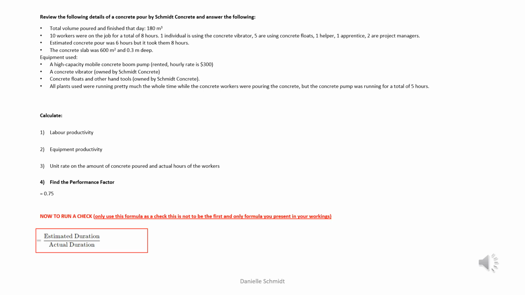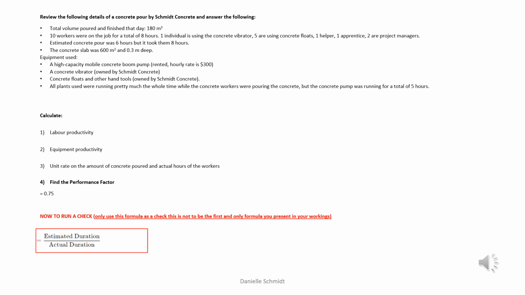Now this step here is optional. I do like to include it though, as some students in an exam would like to do a little check, to make sure that they're on the right track. So we can run a check now for the performance factor. So we know that it's 0.75. However, if we're going, oh, I'm not sure, did I get it right in question 3? What is my unit rate? Am I using the right values?